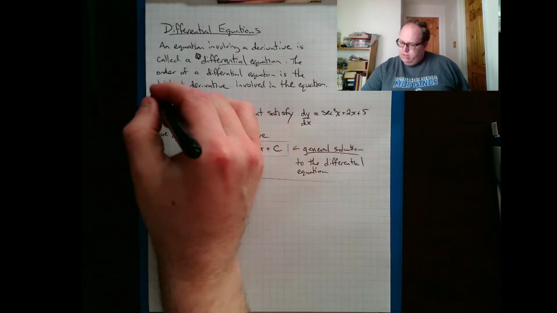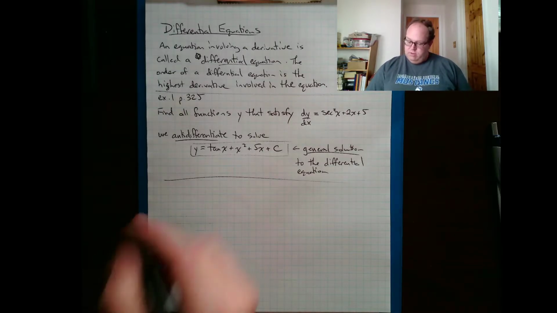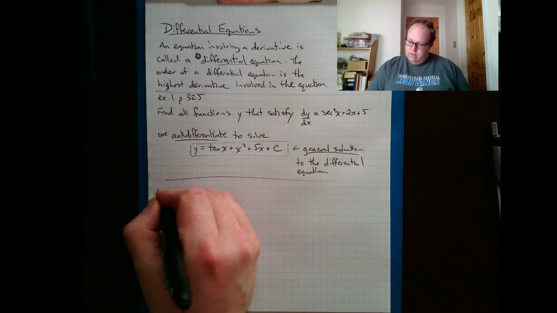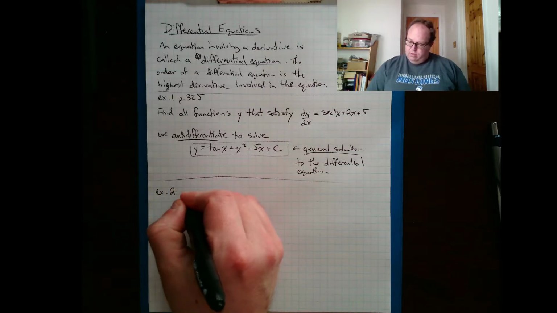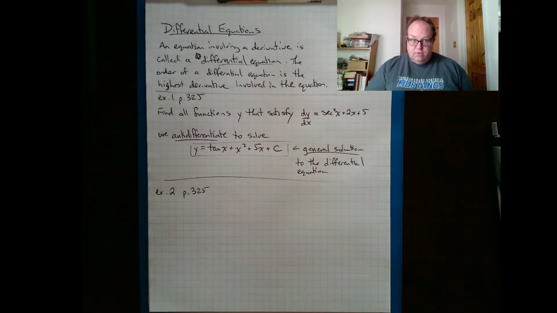Now, it's not always about general solutions. Sometimes we have some more conditions involved that let us get to a specific solution or definite solution. This will be example 2 on page 325. And again, it's not going to be anything really different than things we've seen before. We're just couching it a little bit differently, phrasing it a little bit.